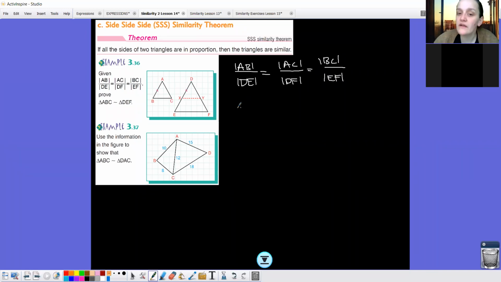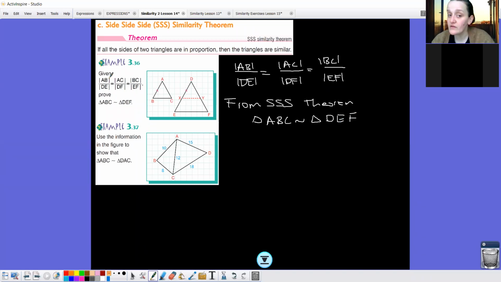If this one is given directly, we can write that from the side, side, side theorem, I will check how the proportion is written, triangle ABC is similar to triangle DEF. Directly, because it's given that they are in proportion, and we have the theorem that if the sides are in proportion, the triangles are similar, and we can write.